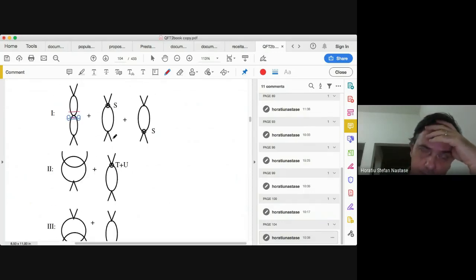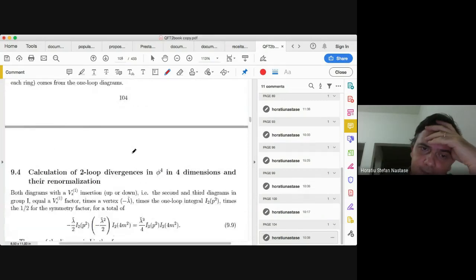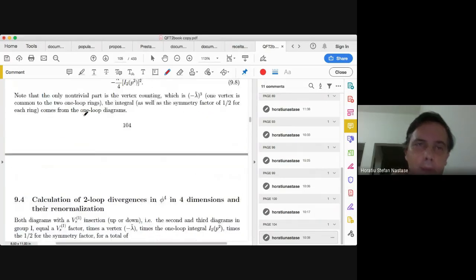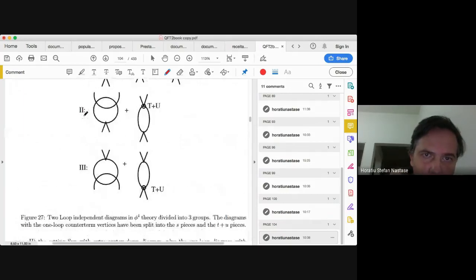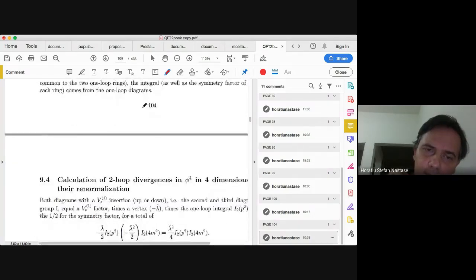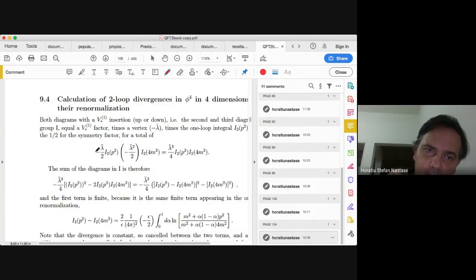Right? So this again is p squared, so this integral is I2 of p squared. And then times the vertex minus lambda tilde, and exchanging these two lines, there's again the symmetry factor 1 over 2, so minus lambda tilde over 2 I2 of p squared.